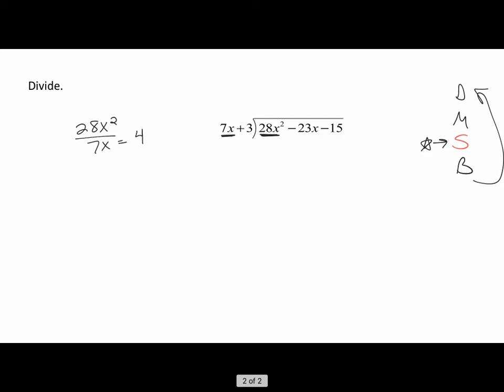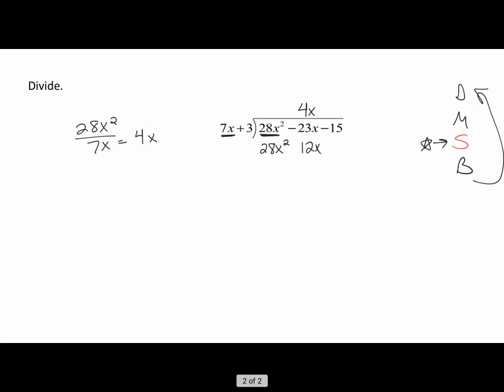So 28 divided by 7 is 4, and x squared divided by x is x. So we're going to put that in the quotient above the x terms. Okay. Now let's multiply 4x times each term of the divisor. So 4x times 7x is 28x squared, and 4x times 3 is 12x.